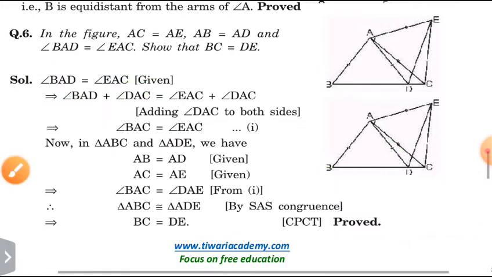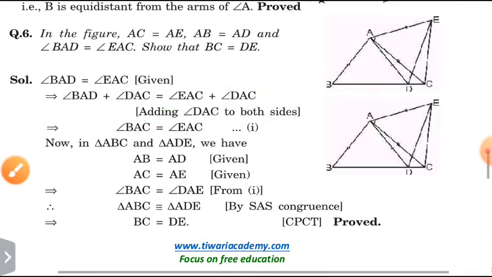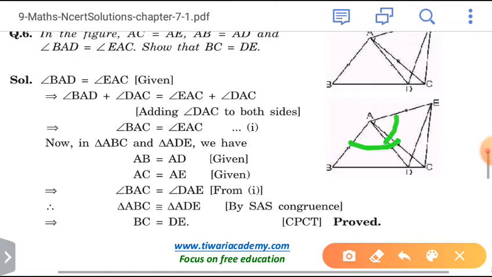In this question you will add this angle DAC on both sides. If you add DAC to BAD, you will get BAC. Similarly, if you add these two angles, you will get this. That means now this whole angle is equal to this whole angle.